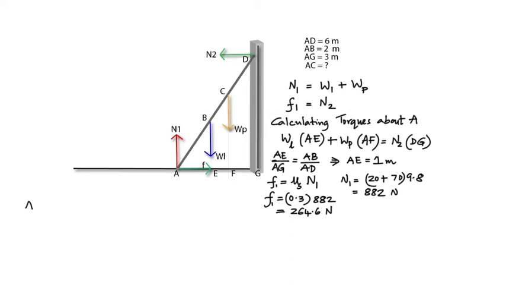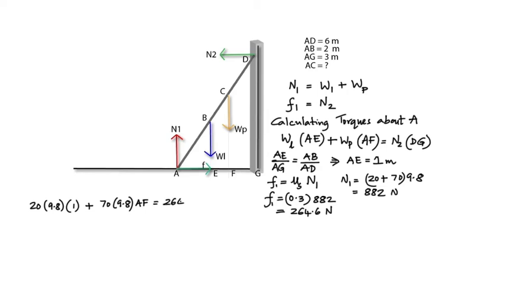Once we know friction, we also know the value of N2, because F1 is exactly the same as N2. So I'm substituting into this: 20 times 9.8, the weight of the ladder is 20 kilograms, so it's 20 times 9.8 into 1, because we got AE as 1, plus the weight of the person is 70 kilograms, so 70 times 9.8 into AF, which we do not know.